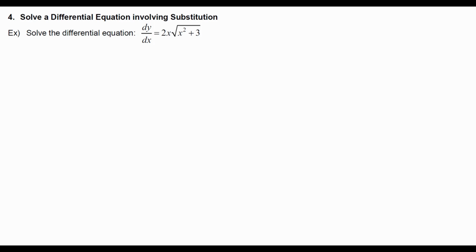So go ahead and multiply both sides by dx so we can have a differential form. Then you will have dy is equal to 2x square root of x squared plus 3 dx. And of course, now you are going to integrate both sides.